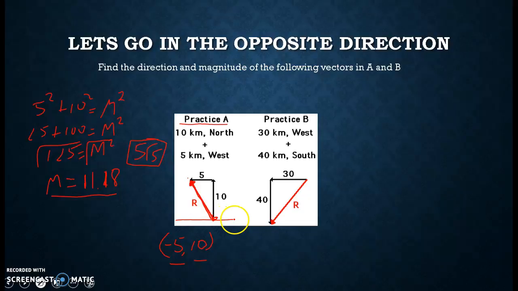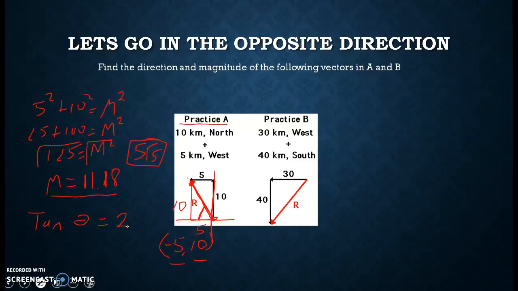So if this is my coordinate grid here, I want to know what is that angle measure. So I'm going to find that angle measure because I know that the opposite side is 10 and the adjacent side is 5. So that means that the tangent of my angle measure, I'm going to call it theta, the tangent of theta is equal to 10 over 5, which is 2.